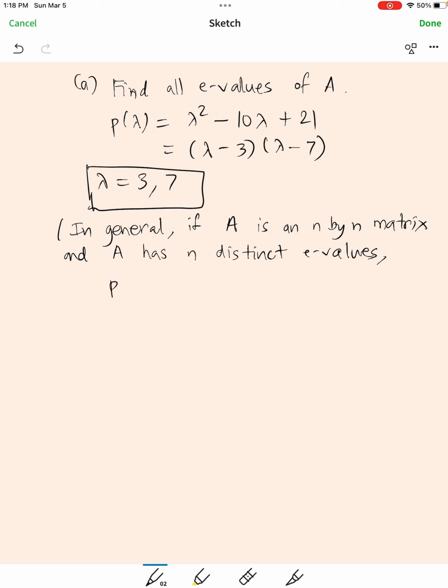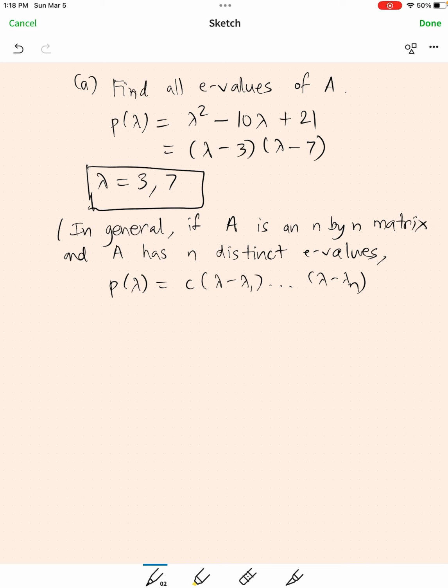then what's going to happen is your characteristic polynomial is going to be some constant times lambda minus lambda 1 through lambda minus lambda n.